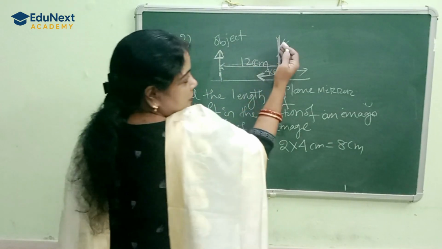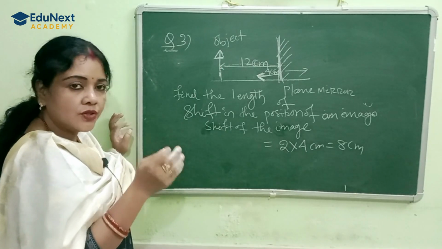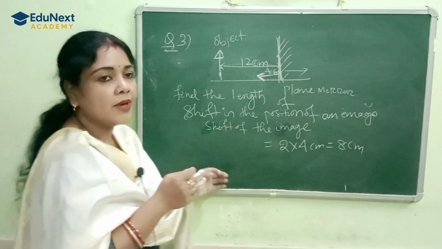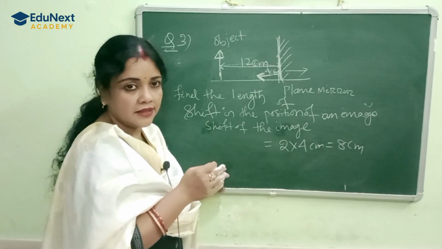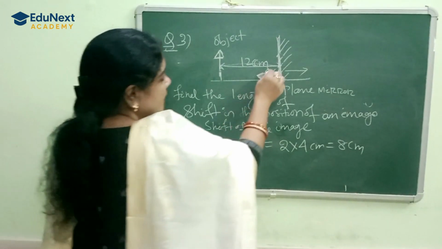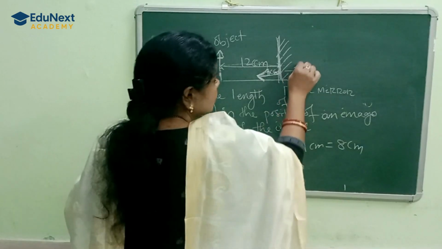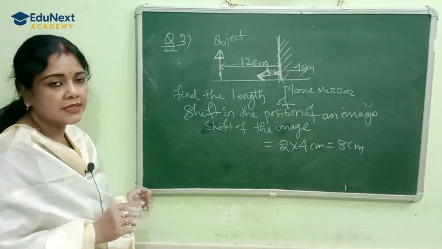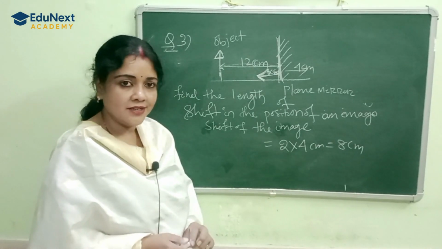Whenever we take the mirror away from the object, the image also shifts away from the object, but it is twice the shifting of the mirror. Here the mirror shifting length is 4 centimeter towards the object and also 4 centimeter away from the object. In both cases, the image shifting will be twice of 4 centimeter, that is 8 centimeter.